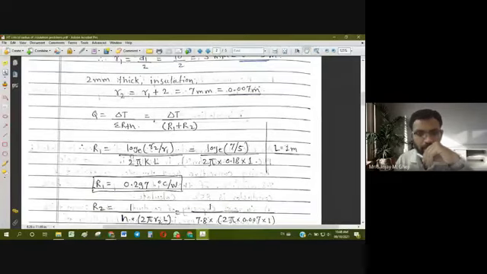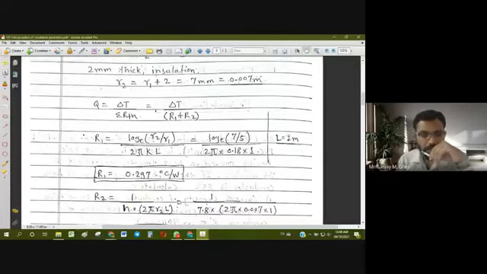The conduction resistance is equal to log to the base e of R2 by R1, you can also write it as ln, both ways are okay, the natural log of this ratio, divided by 2 pi k L. Now K is the conductivity of the insulating material. So put the ratio R2 by R1, 7 by 5.